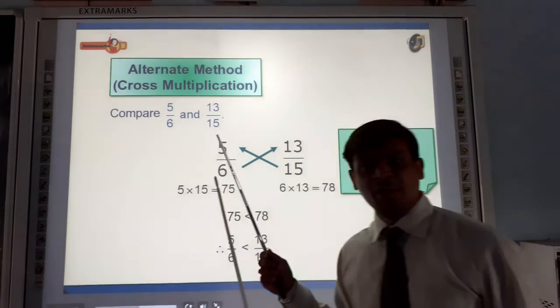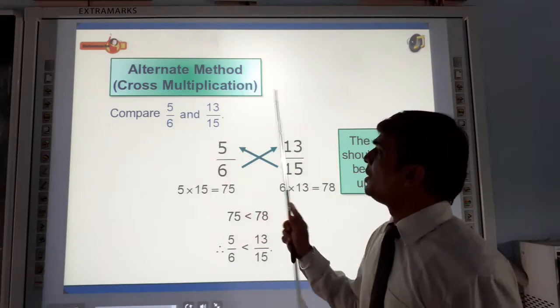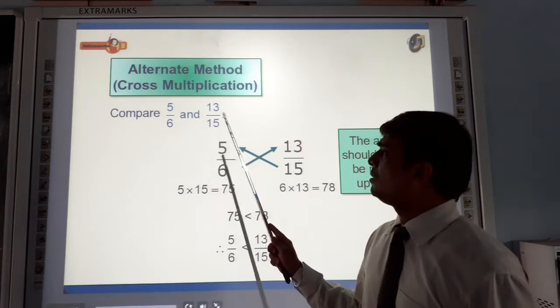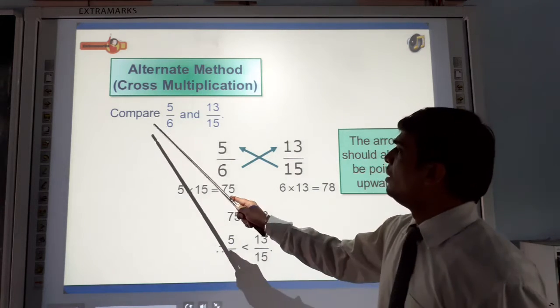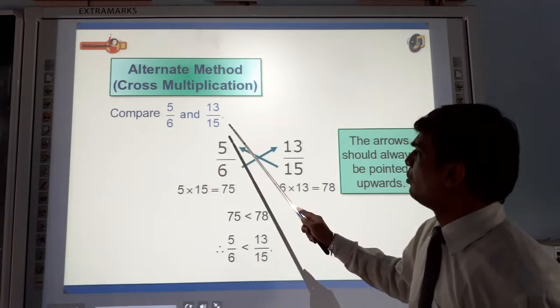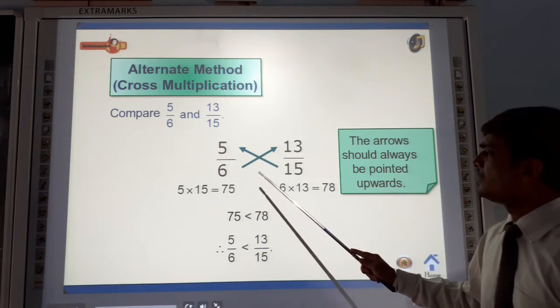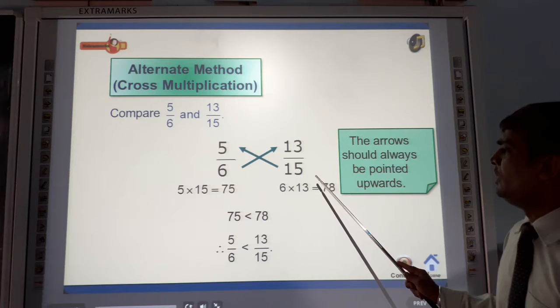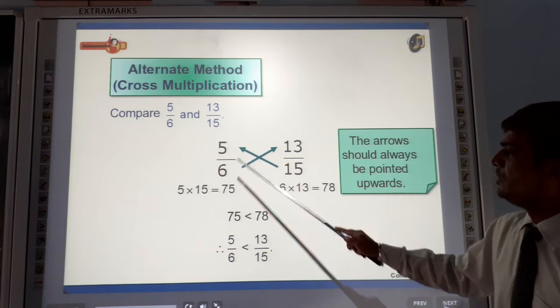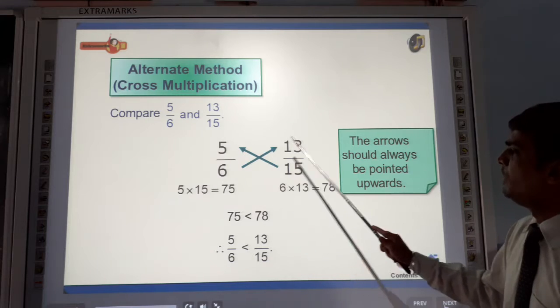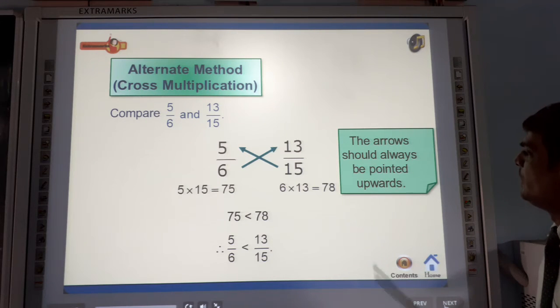Now, alternate method, cross multiplication. Compare two fractions. Compare 5 upon 6 and 13 upon 15. Cross multiplication. 15 multiplied by 5 is equal to 75 and 6 multiplied by 13 is equal to 78.